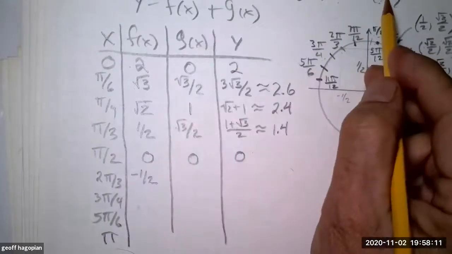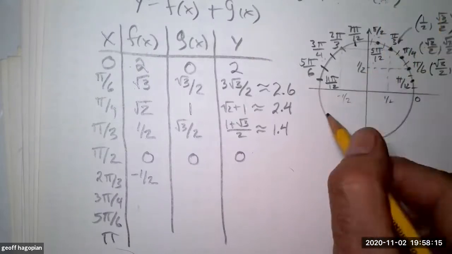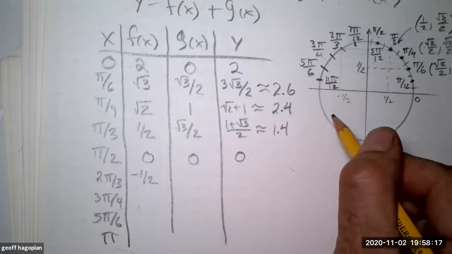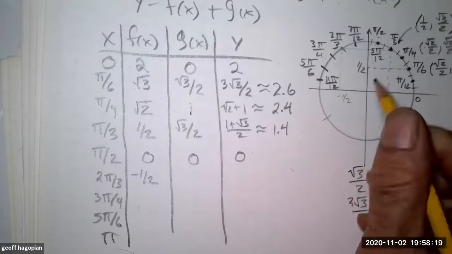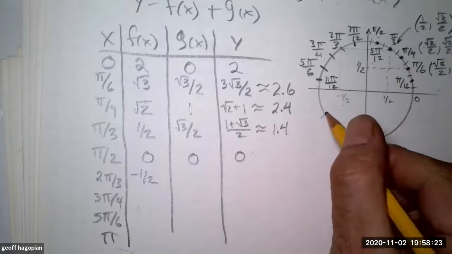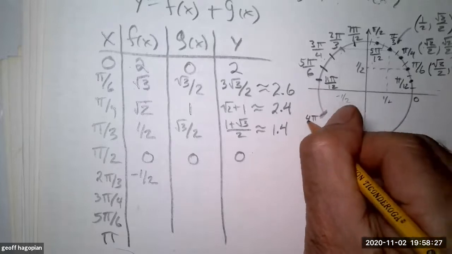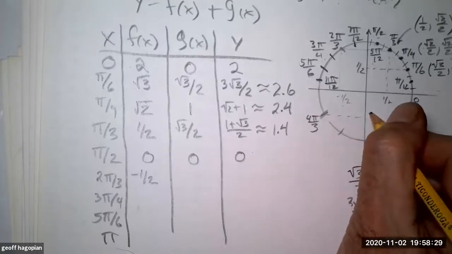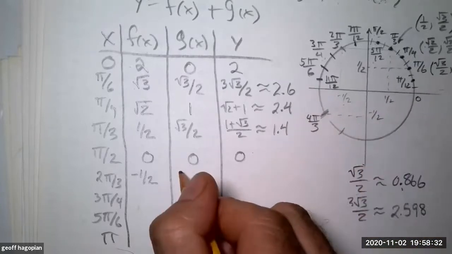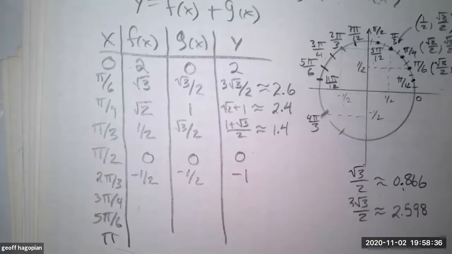And twice 2 pi over 3 is 4 pi over 3. Where's 4 pi over 3? Well, this is 3 pi over 3. So 4 pi over 3, divide this into thirds, right? 4 pi over 3 is about here, where y is negative 1/2. Okay. So here we're at negative 1. That was easy.